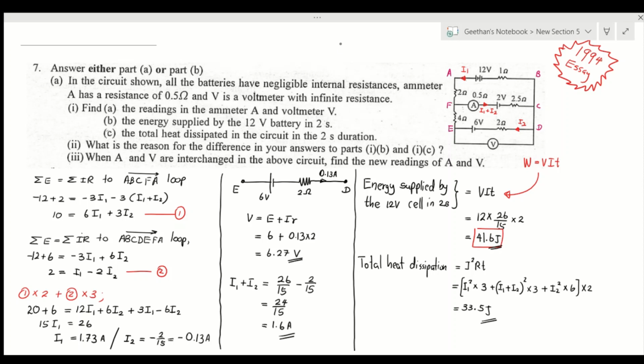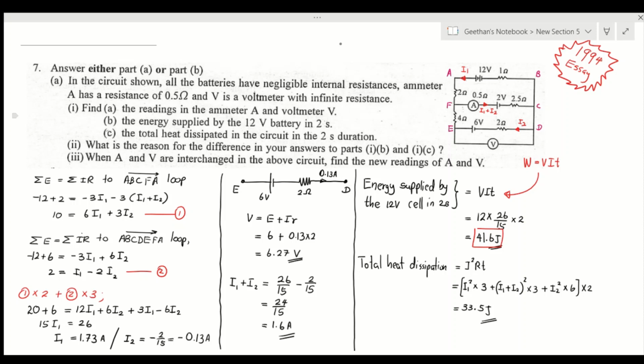That is, W equals I squared Rt. So you apply that equation to each and every resistance in the circuit in order to find the total heat dissipation. I have applied that to this loop first: 2 ohm and 1 ohm, it's 3, into I squared into 2 seconds.